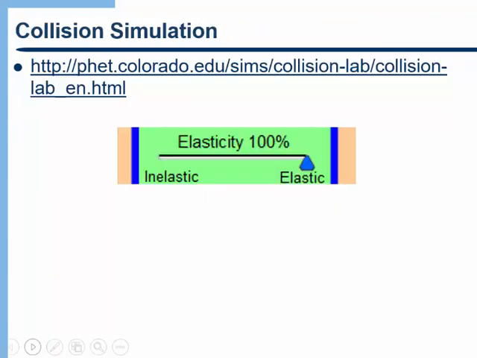There's a really good simulation on the PhET website, and I strongly recommend that you check it out. What I wanted to just point out to you here is that in that collision simulation, they have a bar that says elasticity on it, and one end is labeled elastic and one end is labeled inelastic. The key thing I want you to understand is if you're anywhere to the left of right here, it's inelastic.